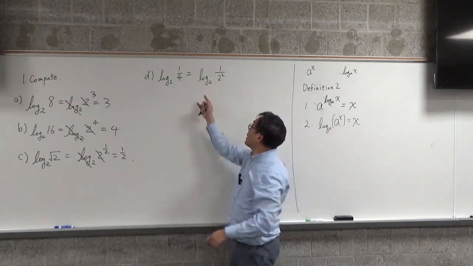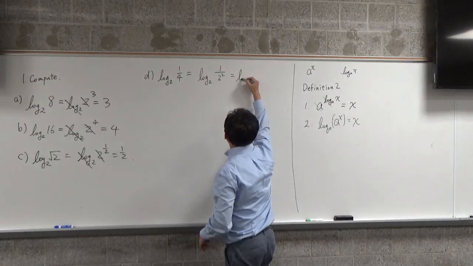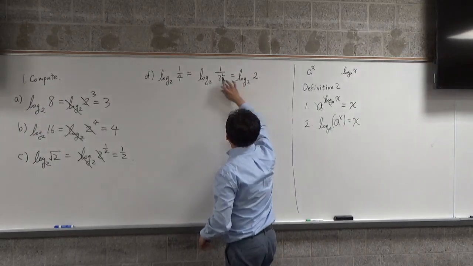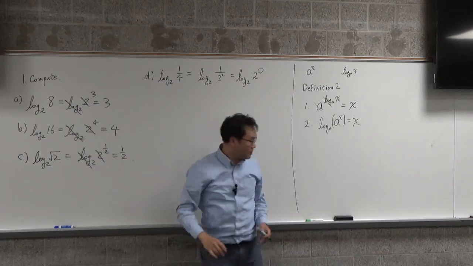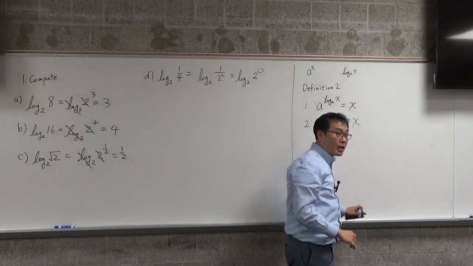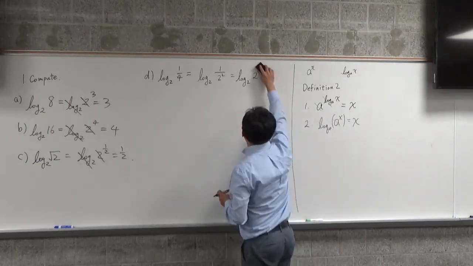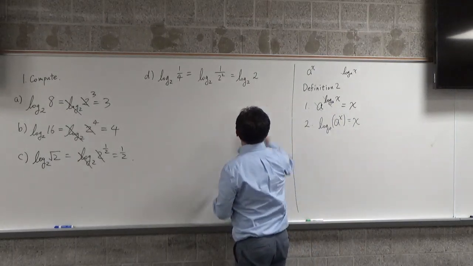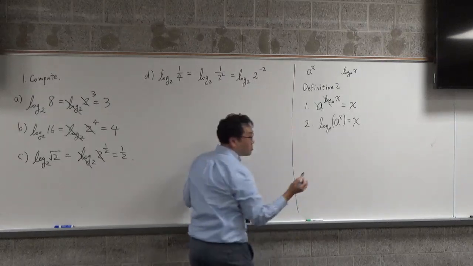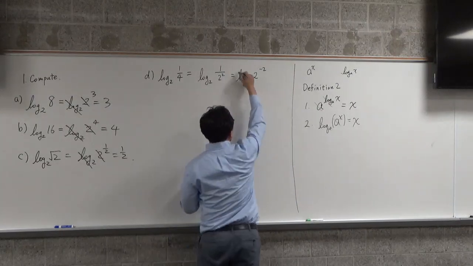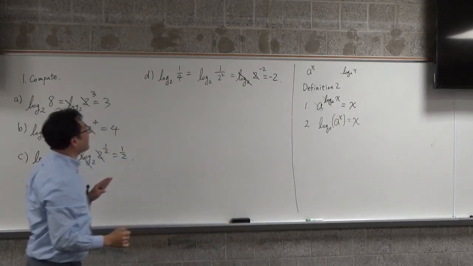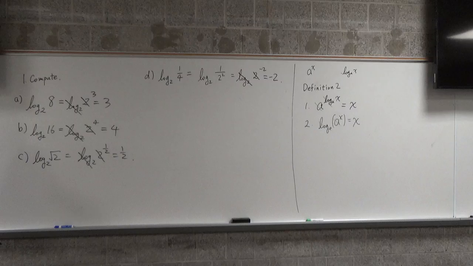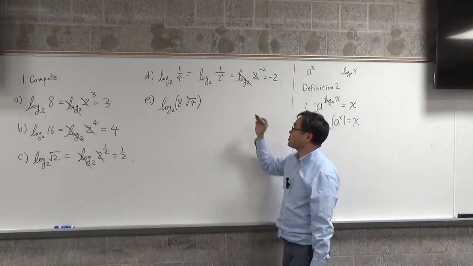So the real question is, how do you write this 1 over 2 squared as 2 to some power? What goes in there? Negative 2 power. Yes, negative 2 power goes here, and now you can cancel. All right. Okay, let's try this.